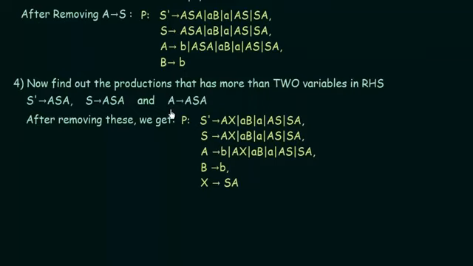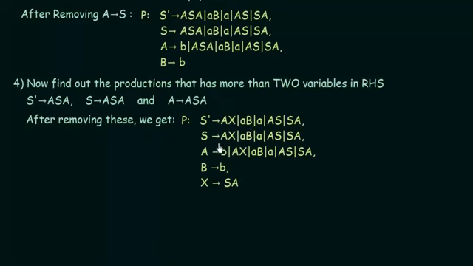So we have to remove them. In order to remove them, instead of writing ASA, I will just write A, and this SA I will replace with another variable which I will call X, and that X will give a new production which says X gives SA. So how will I do this? S' gives A, and instead of SA I will just write X, and then the rest of the things are the same.